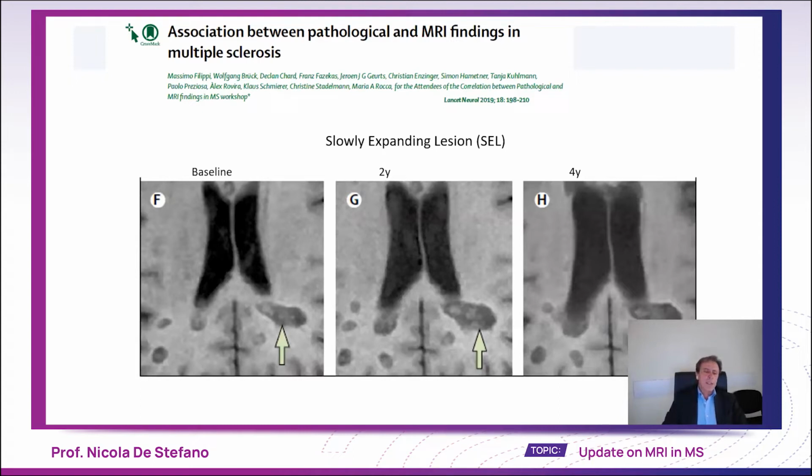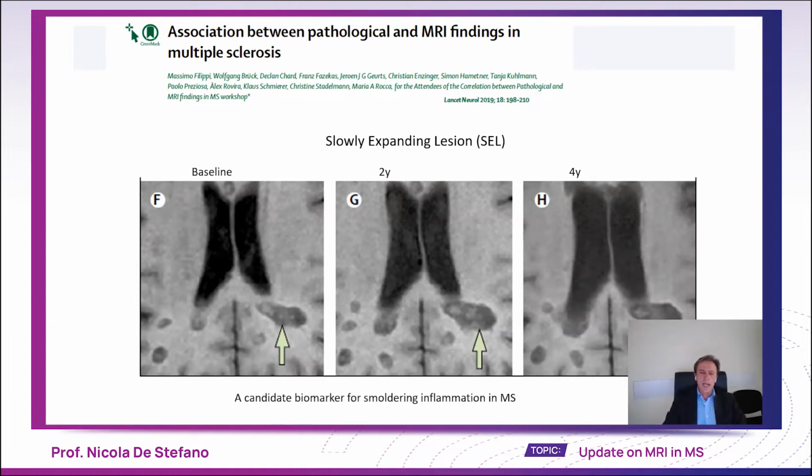Something that is becoming more important every day is trying to assess what we call slowly expanding lesions. These are chronic lesions, as you see here, seen in T1, that increase over time.